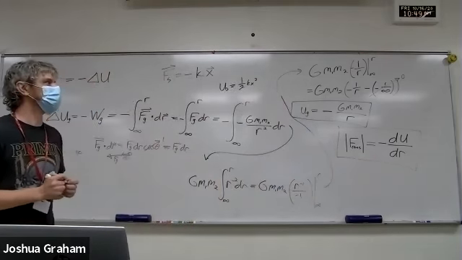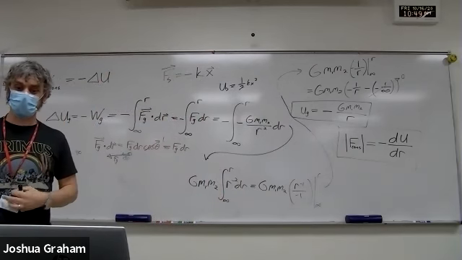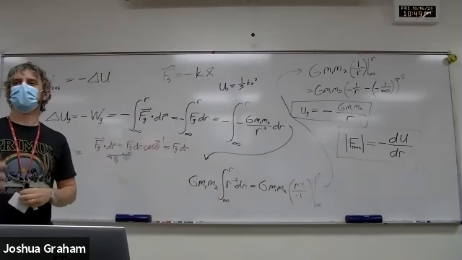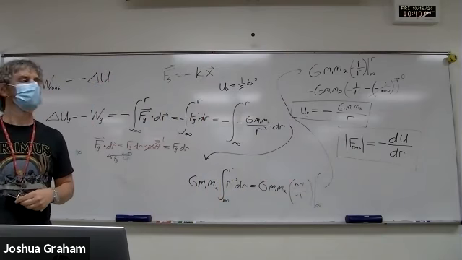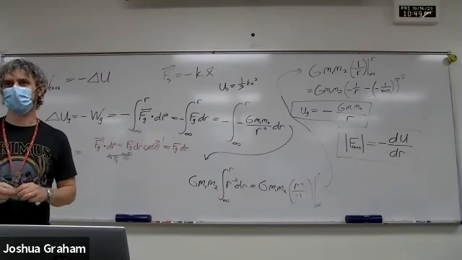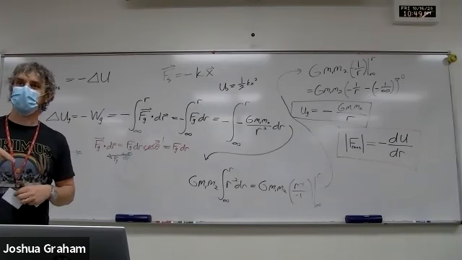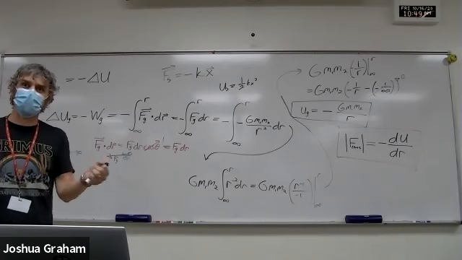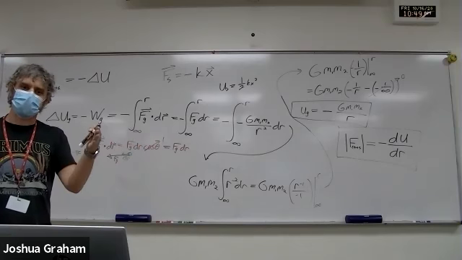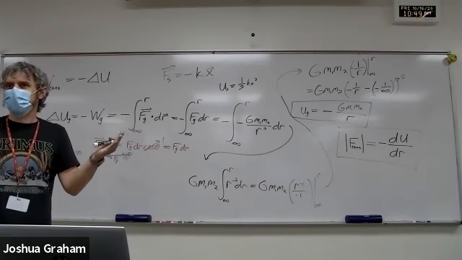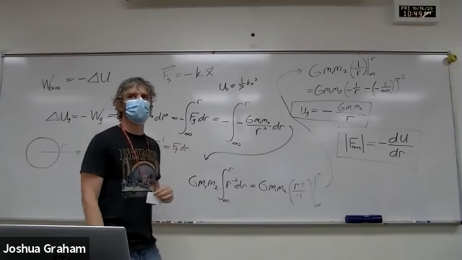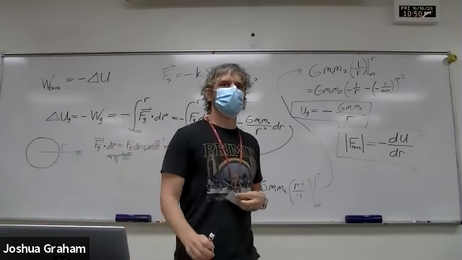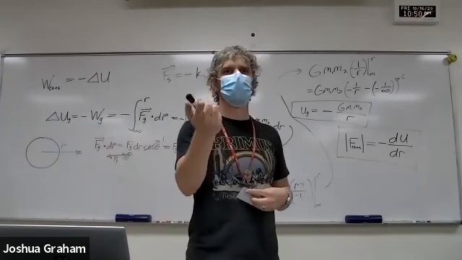So anytime you differentiate a potential energy function, if that potential energy function is associated with a conservative force, then you'll get the value for that force, or an expression for the value of that force as a function of position, right? When you stretch or compress the spring, the force associated with how far you compress it is a function of the compression distance or extension distance. So you just get G M1 M2 r over r squared.